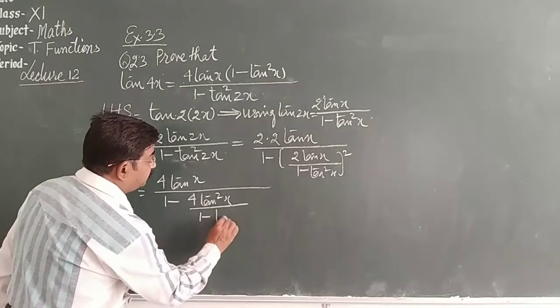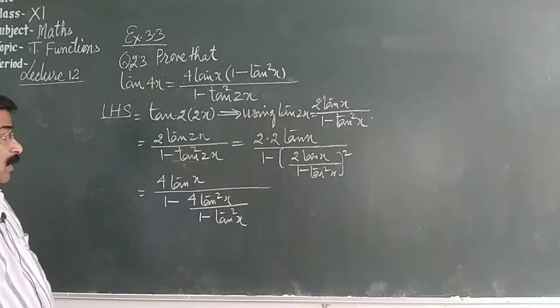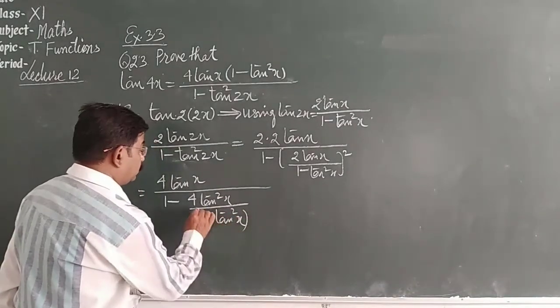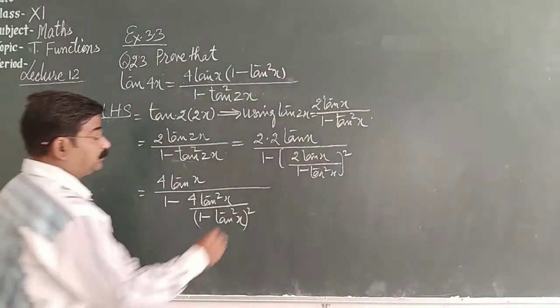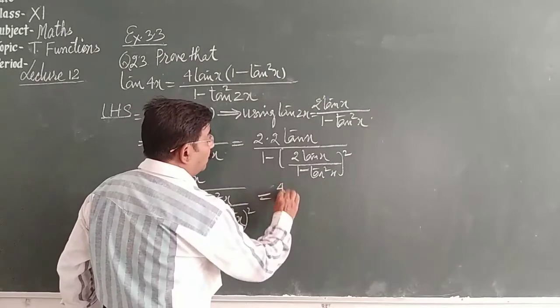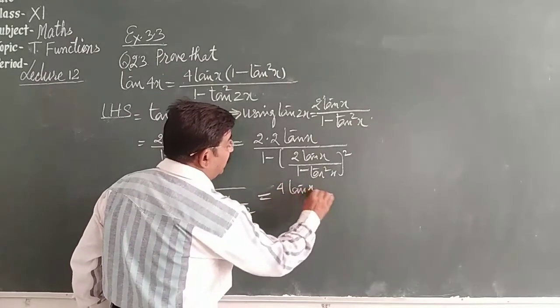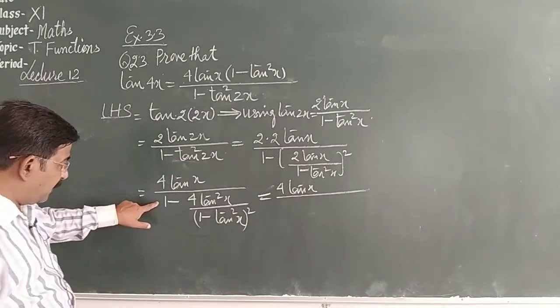1 minus tan square x whole square. Now take the LCM. I am writing here, see, this 4 tan x is already here upon, see, this LCM will be multiplied with this one.